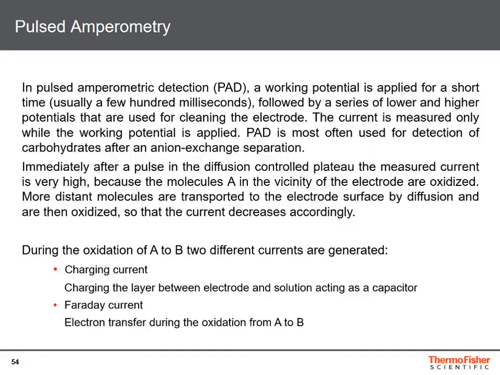During the oxidation of A to B, two different currents are generated. The charging current, first of all, charging the layer between the electrode and the solution, acting as a capacitor, and the so-called Faraday current, which describes the electron transfer during the oxidation from A to B.